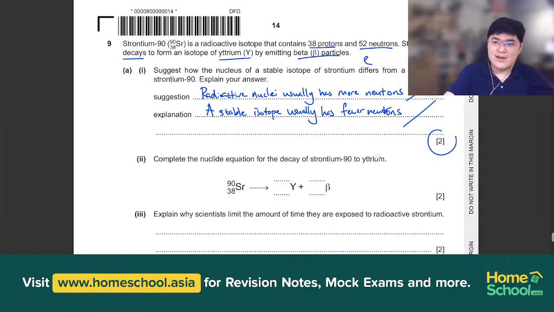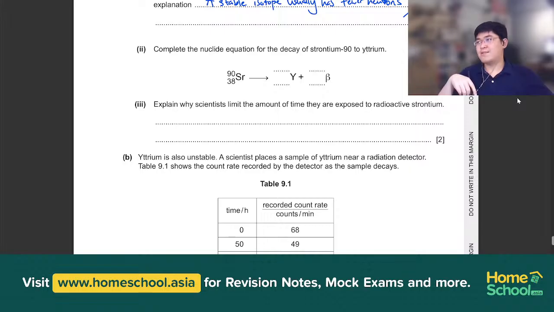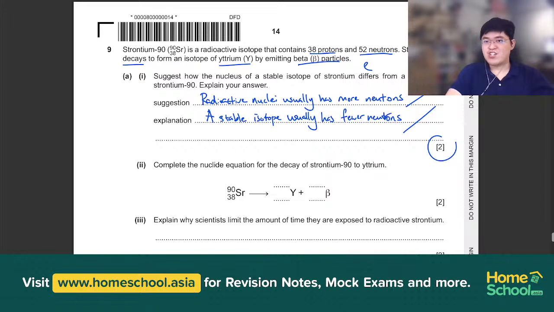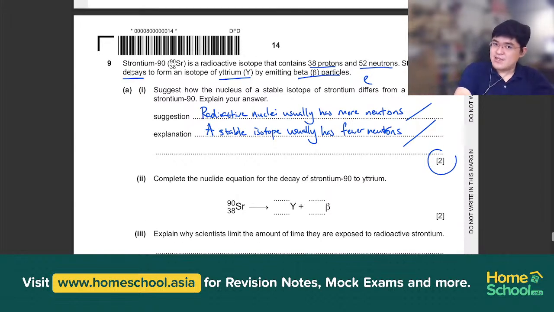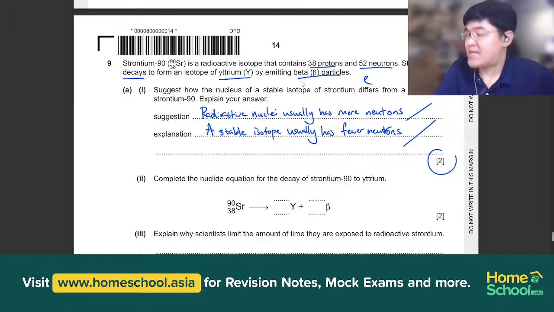Now let's move on to part 2. Part 2 wants you to complete this nuclear equation for the decay of strontium-90 to yttrium. As we have seen earlier in our question, it decays to yttrium by emitting beta particles. Beta particles are simply fast-moving electrons. An electron has a negligible mass and a charge of -1.